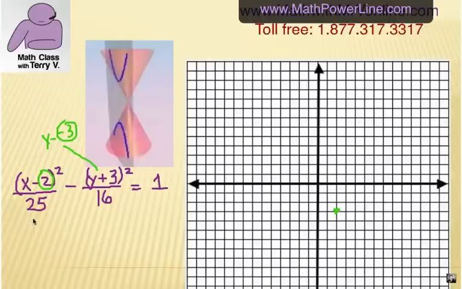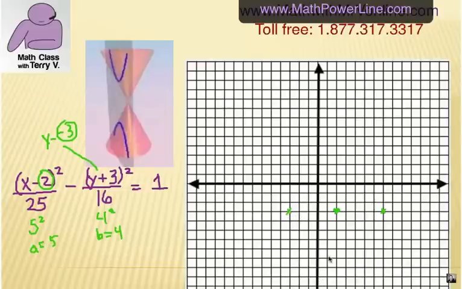All right, then from there, 25 is really 5 squared, and 16 is really 4 squared, keeping it fairly simple here. So a must be 5, and b must be 4. All right, so from the center, let's go 5 to the right, put a little mark, 5 to the left, put a mark. Those are my a values.